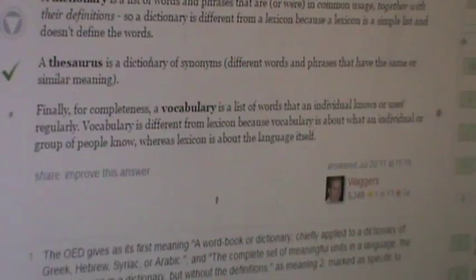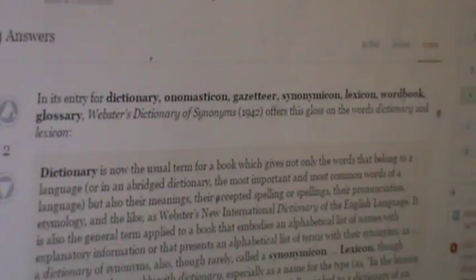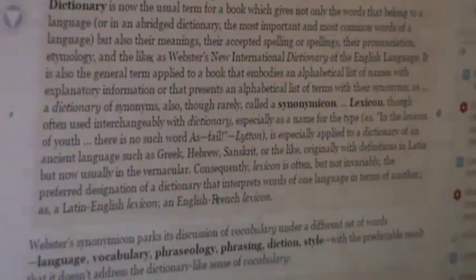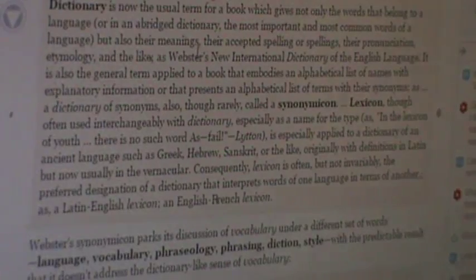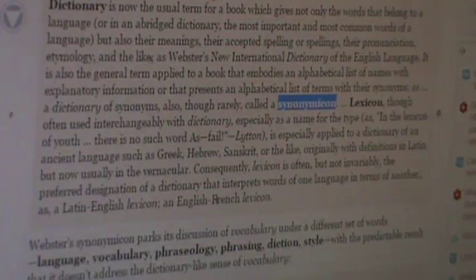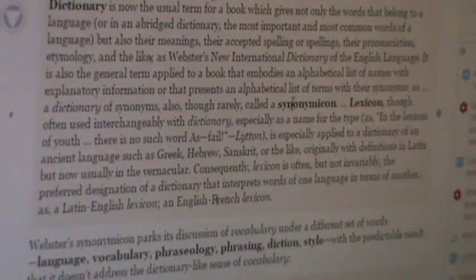Well said, sir. That's another +1. Called a synonymicon. +1 father.